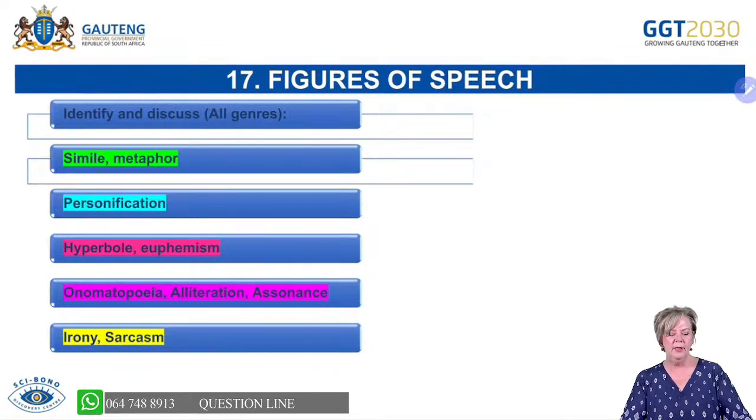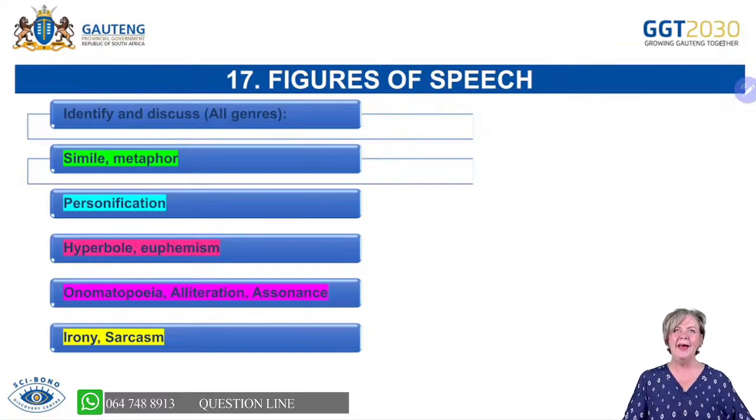Let's take a look at simile and metaphor. When you compare two things, simile using as or like, metaphor without. Personification, when an inanimate thing is given animate characteristics.